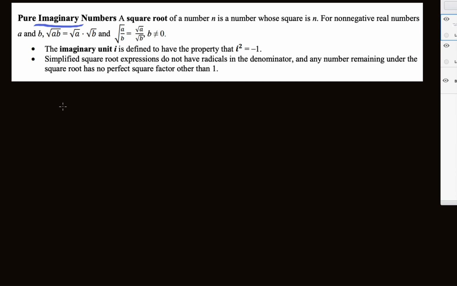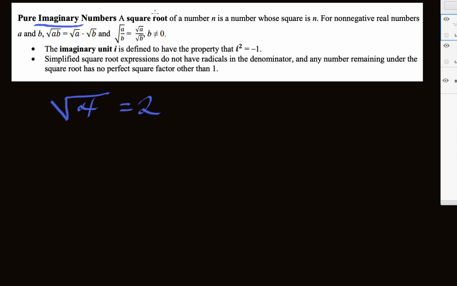I'm going to start with the square root of 4. We know that the square root of 4 is 2, because 2 squared is 4. So if we undo that square by using the square root, there we go.